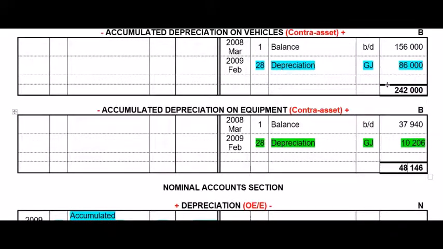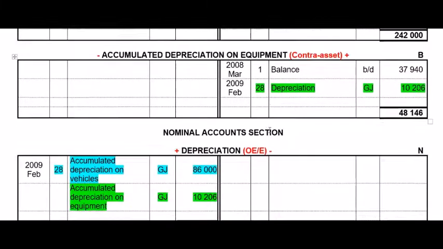And for vehicles, it was 242,000. I just forgot to mention that. Something I hope you've noticed is that, remember, because the closing balance and the opening balance is not in the same calendar year, you have to write the year again, 2009 Feb.